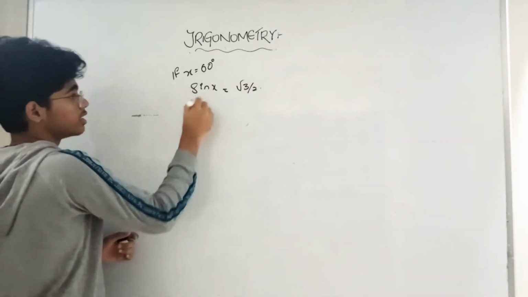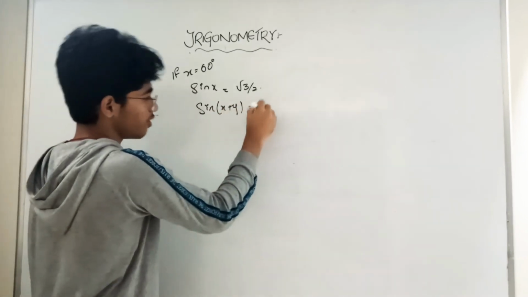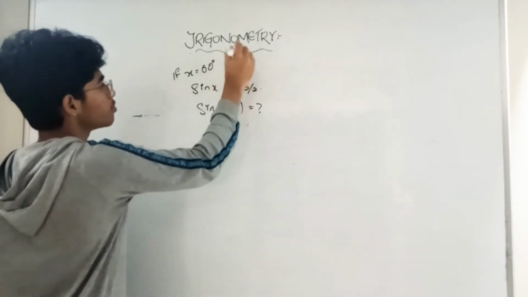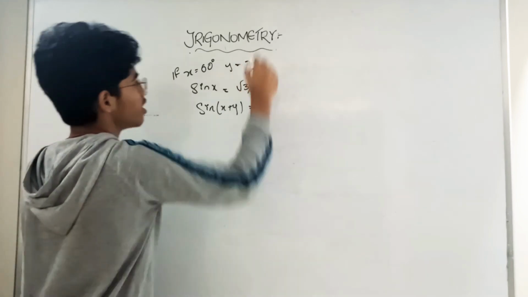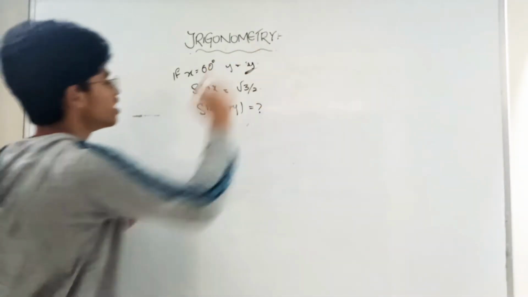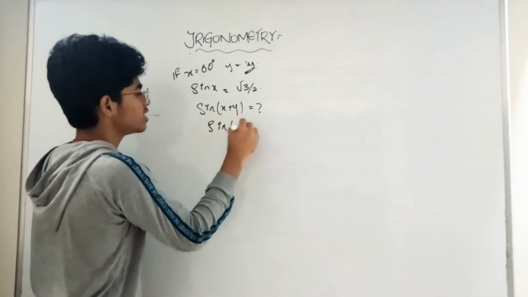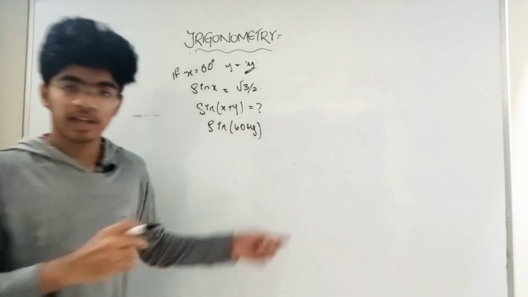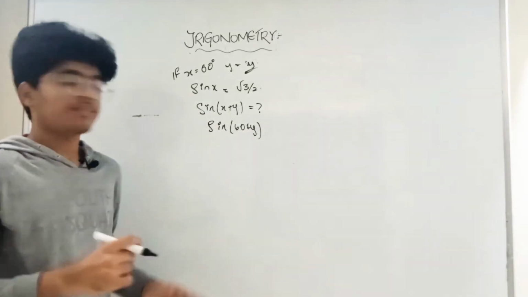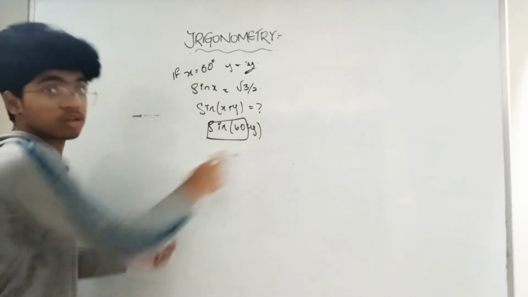But sine of x plus y degrees, what is the value of this? If they give y as something different, it's going to come as sine of 60 plus y degrees. So instead of leaving it like this, we at least have to solve sine of 60, leaving y. So how to do that?